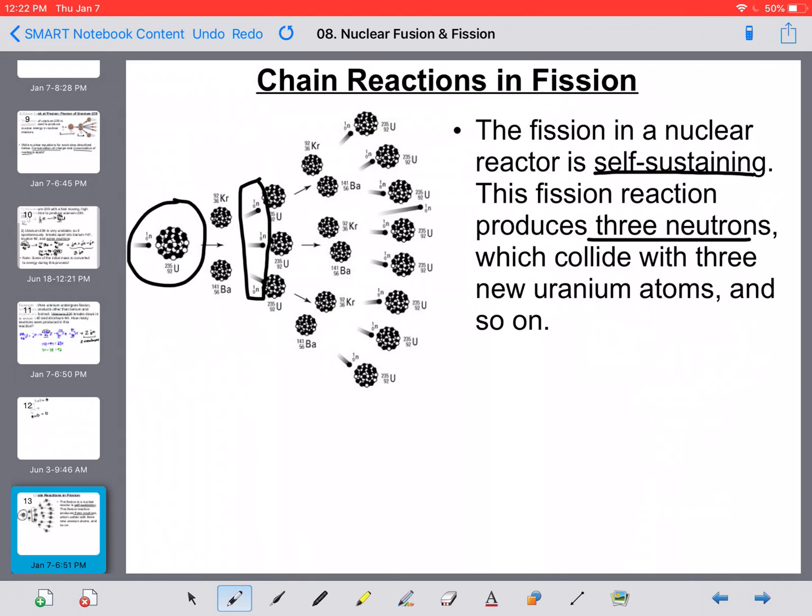Each of those neutrons can go and collide with more uranium atoms, which is going to create a whole new set of neutrons, which can then collide with more uranium. What I'm trying to show here is that once you get the process started, as long as there's more uranium available, you'll just keep getting reaction after reaction after reaction.